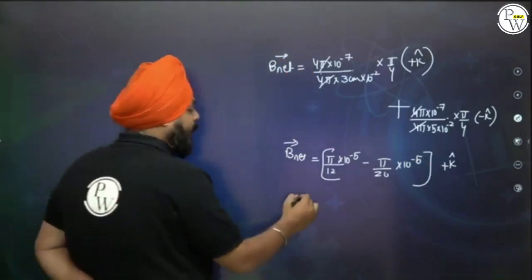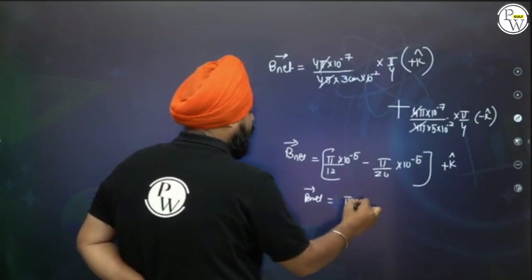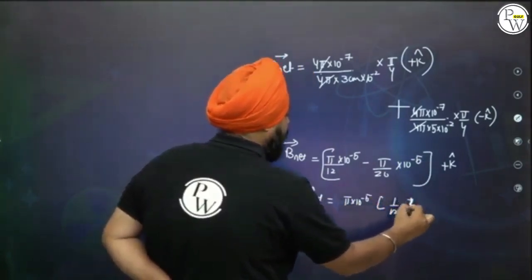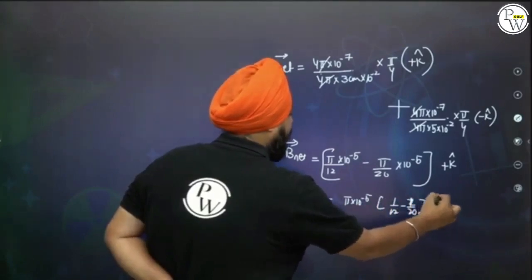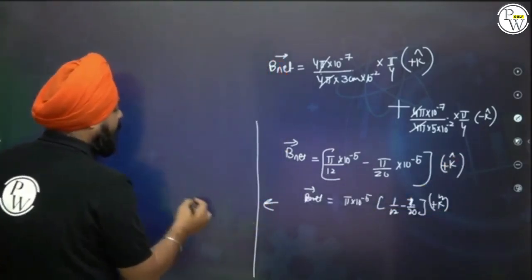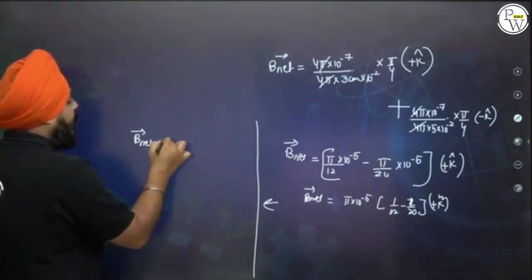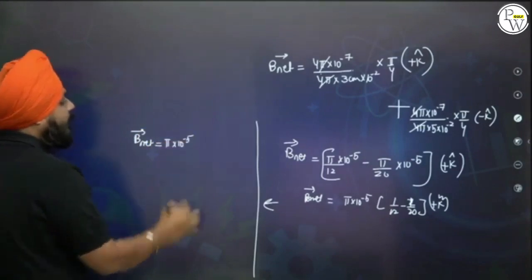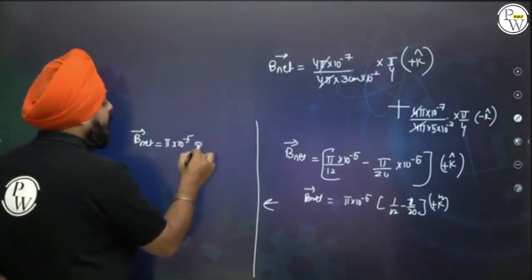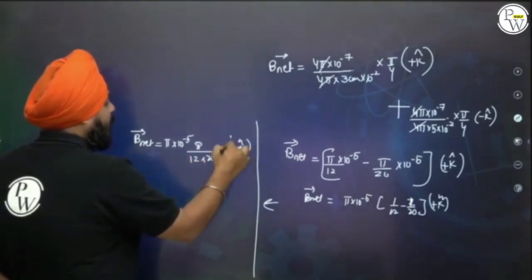I am taking pi into 10 to the power minus 5 as a common constant value. So 1 by 12 minus 1 by 20, into the positive k. Now the net magnetic field is pi into 10 to the power minus 5, and this is 20 minus 12, so it is 8 whole divided by 12 into 20, into positive k.